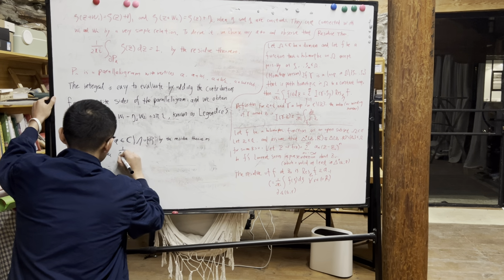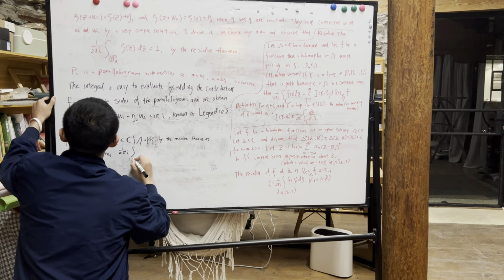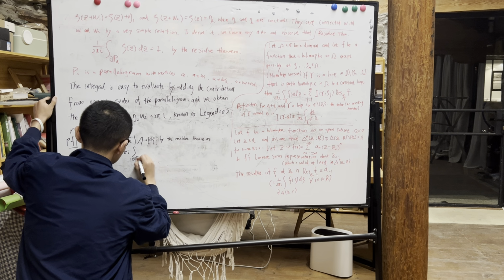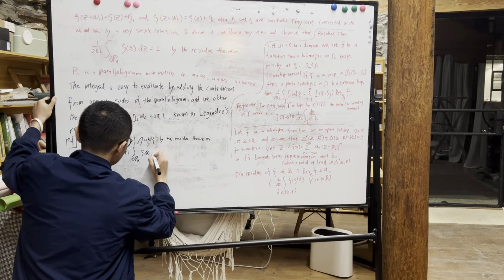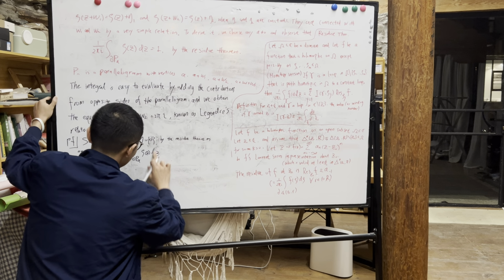So we have 1 over 2 pi i of the integral over the parallelogram of zeta z dz, right?